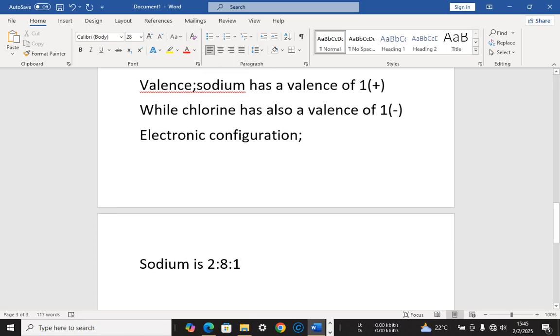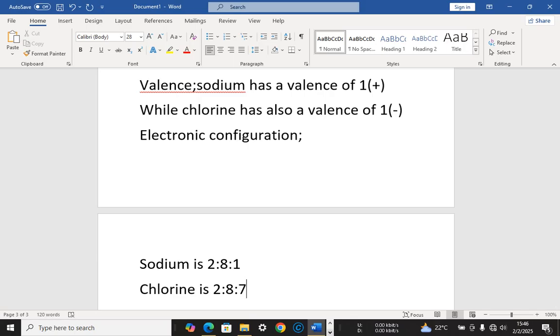For chlorine, it is 2, 8, 7. This is the electronic configuration in ratio form. If you know this, you can now draw their structures, because each number or digit you see in this ratio form represents a shell.